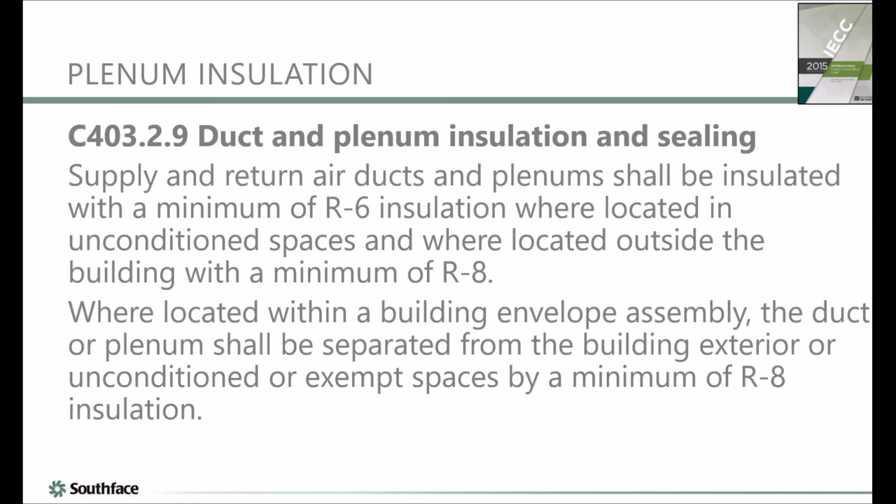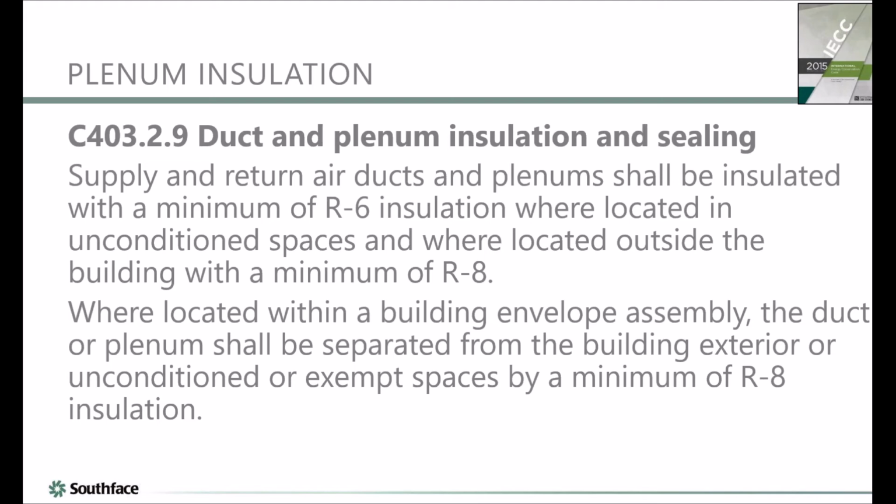One thing is that the code says if you're going to do ductwork in an unconditioned space, it has to be insulated. If it's outside the envelope, like in an attic or along the top of the building, then it has to be R8. And the code says if you run ducts through the inside of a building, they don't have to be insulated.